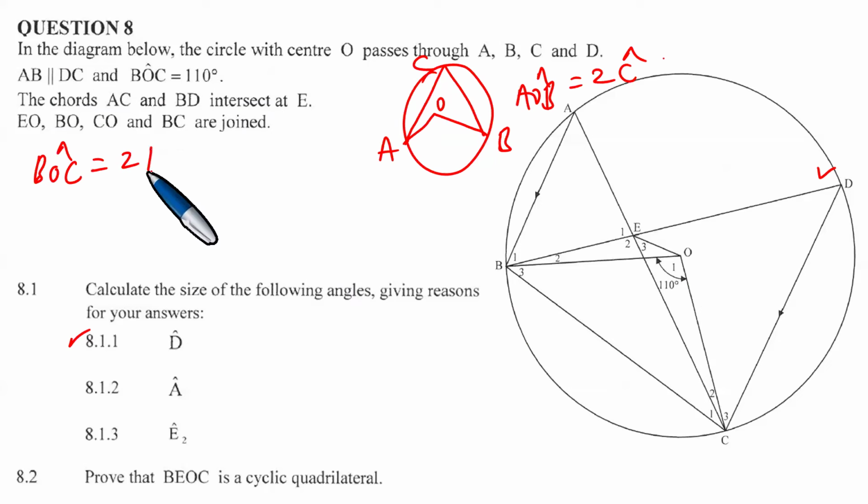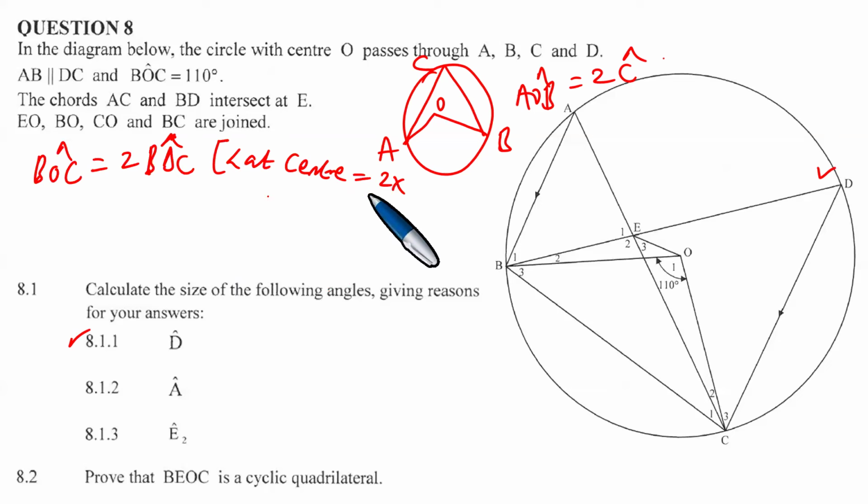And that is what we can state: the angle BOC is 2 times BDC, angle at center equals 2 times angle at circumference.